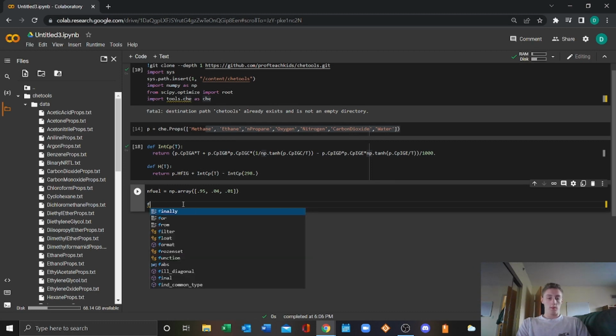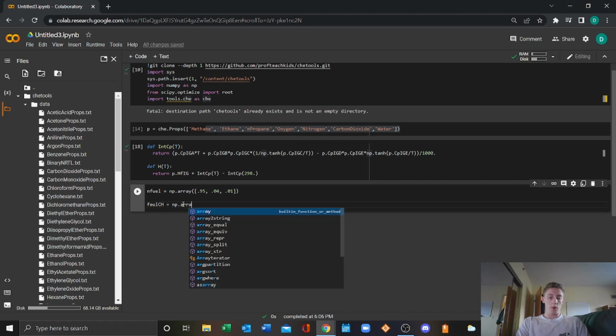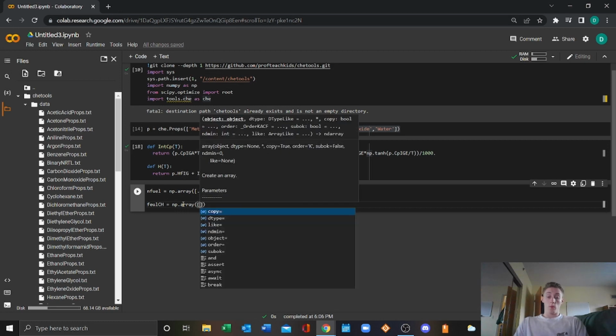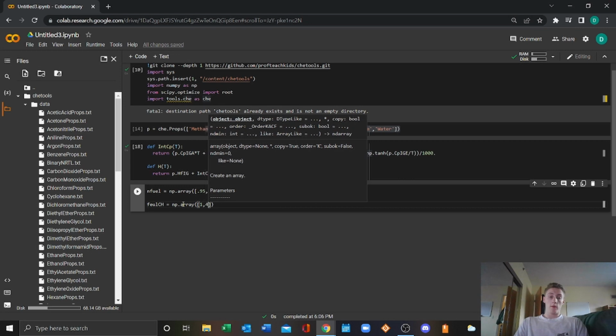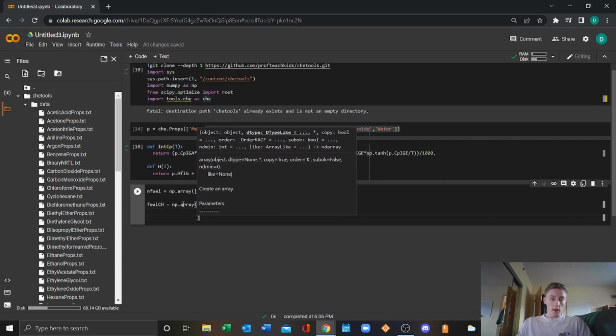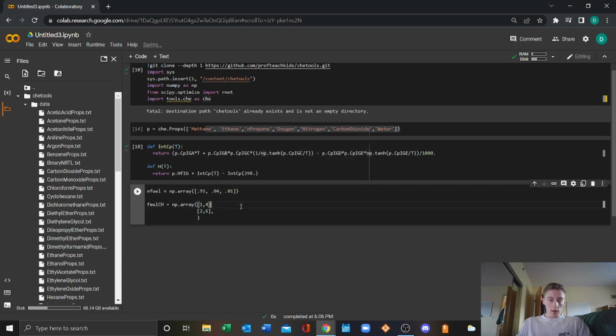Wow, I can't type today. I think that works. And we'll do another numpy array, but this time it'll be, so methane is one carbon, four hydrogens, and ethane is two carbons, six hydrogens. Well, let me put this in brackets.